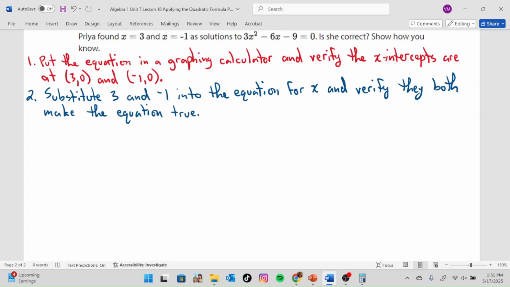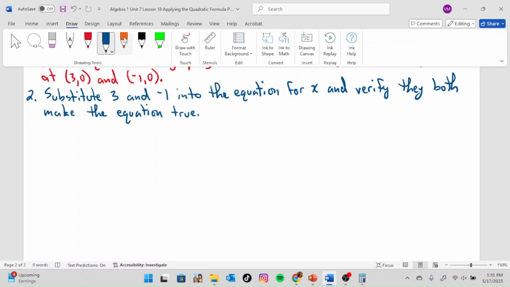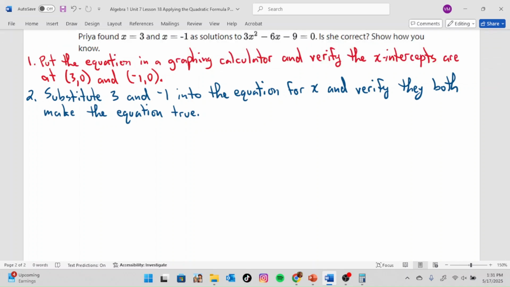This is the second possible way that you could answer this question. But since this lesson is about using the quadratic formula, let's do that.